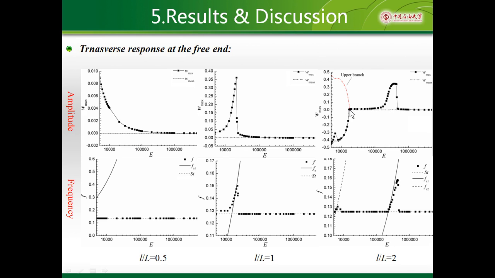When the elastic modulus decreases below a critical point, around this point, the plate no longer oscillates about the center line, but deflects to the lower side, which means that the symmetry of the response of the plate is broken in this region.